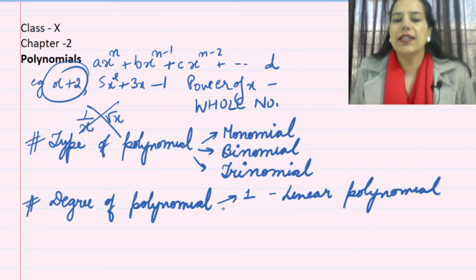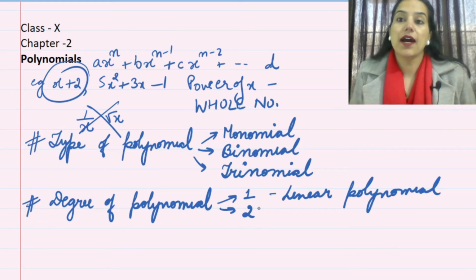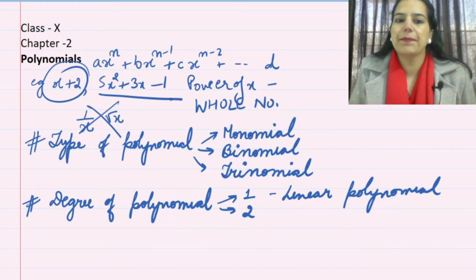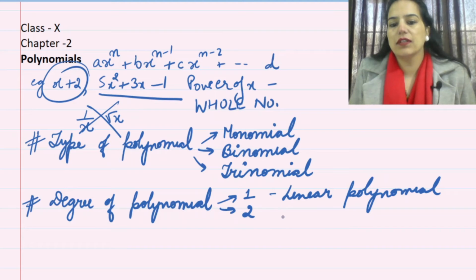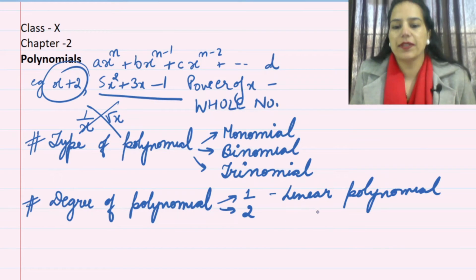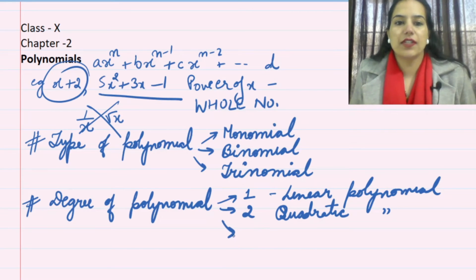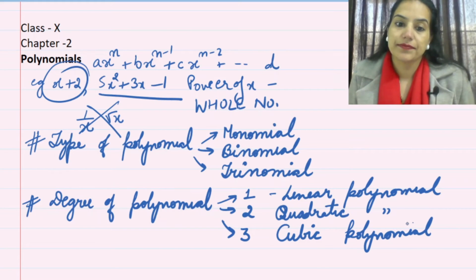If the degree is 2, like I gave you this example here, then it is called a quadratic polynomial. And if the degree is 3, then it is called a cubic polynomial. And so on.